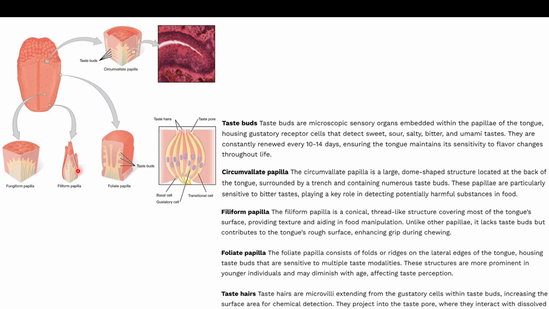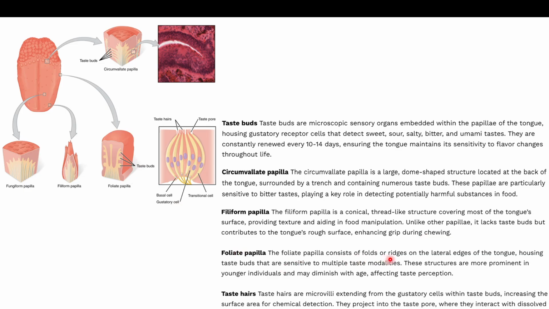Then we have filiform papillae, this one. It is conical and thread-like, covering most of the tongue's surface, providing texture and aiding in food manipulation. Unlike other papillae, it lacks taste buds but contributes to the tongue's rough surface, enhancing grip during chewing. Then we have foliate papillae, this one.